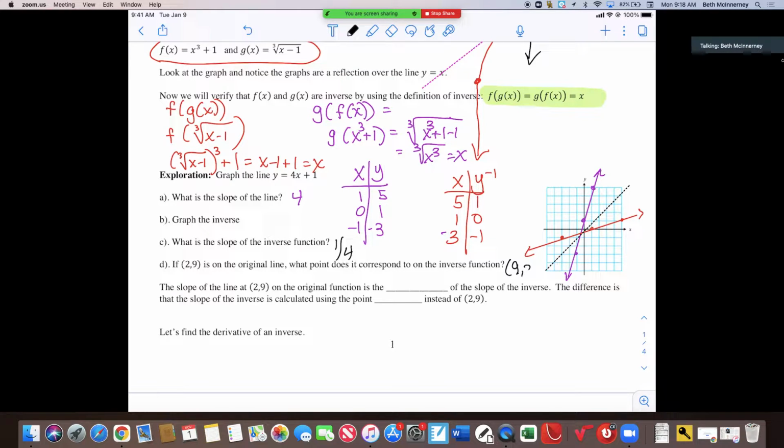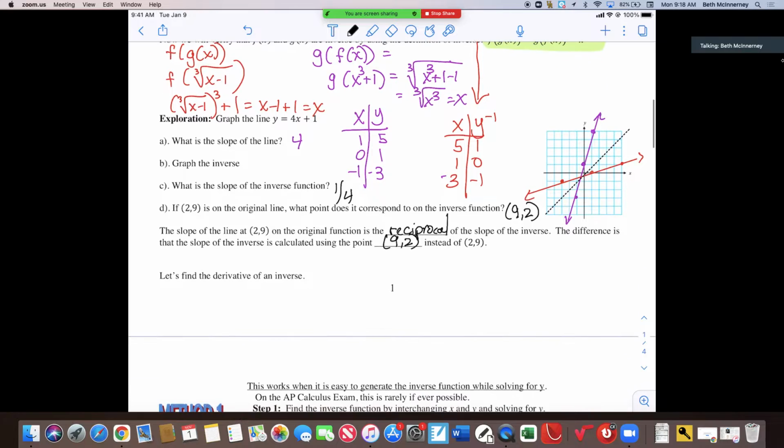(9, 2). The slope of the line at (2, 9) on the original function is the reciprocal of the slope of the inverse. The difference is that the slope of the inverse is calculated using the point (9, 2) instead of (2, 9).